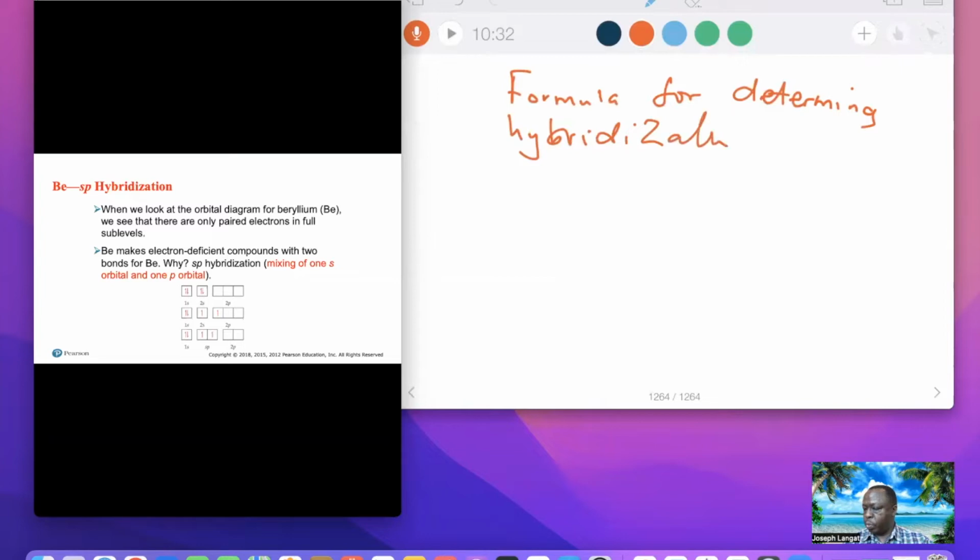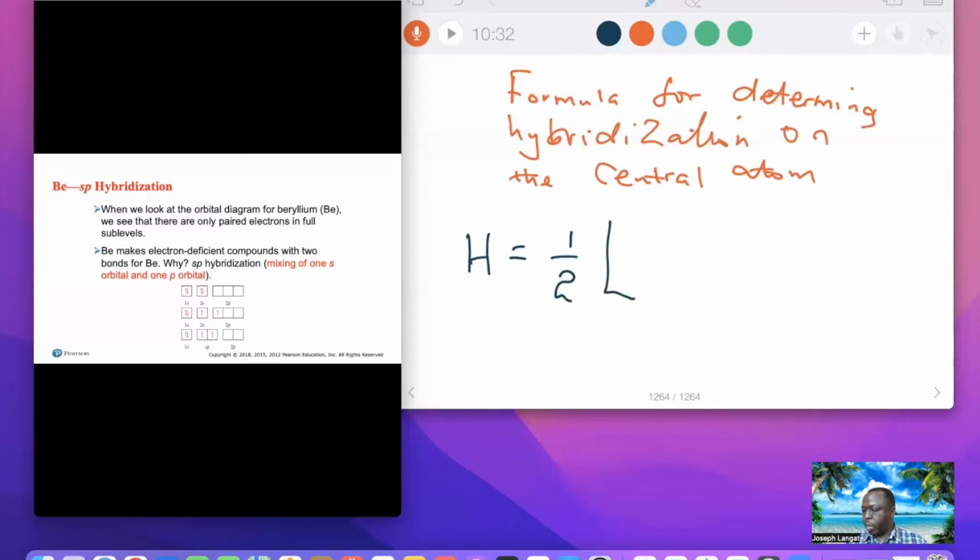The hybridization on the central atom is given by H, for hybridization, equals 1/2. I'm going to explain what this means.